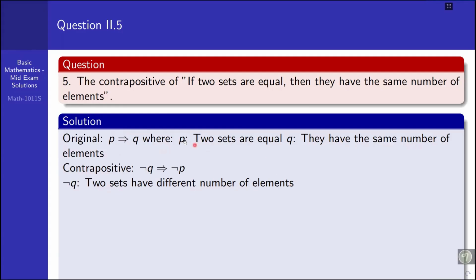Similarly, the negation of the if statement P, two sets are equal, is that the two sets are not equal.